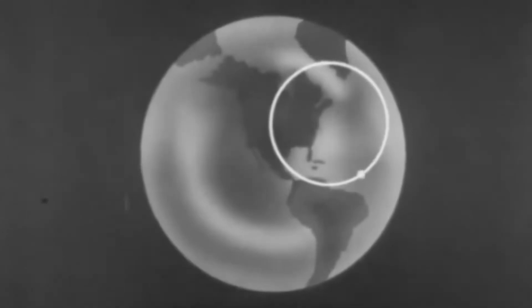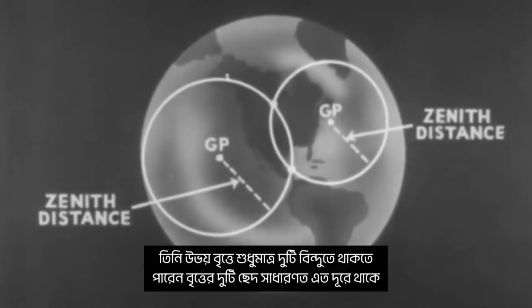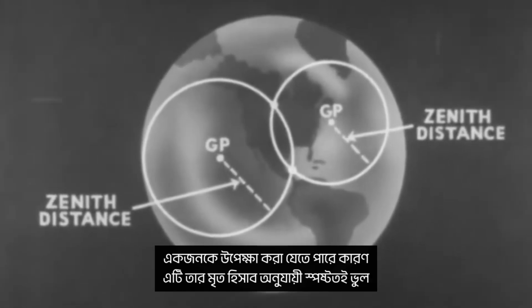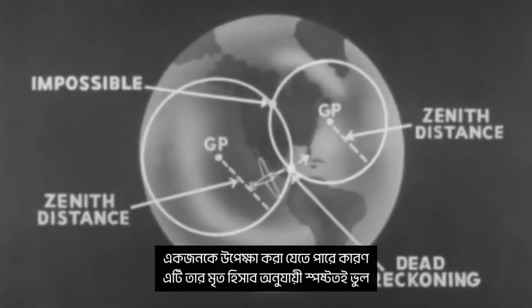But the question that confronts the navigator is, at what particular point am I? To answer this, he constructs another circle of position for another body observed at the same time. He can be on both circles at only 2 points. The two intersections of the circles are normally so far apart that one may be disregarded because it is obviously incorrect according to his dead reckoning.